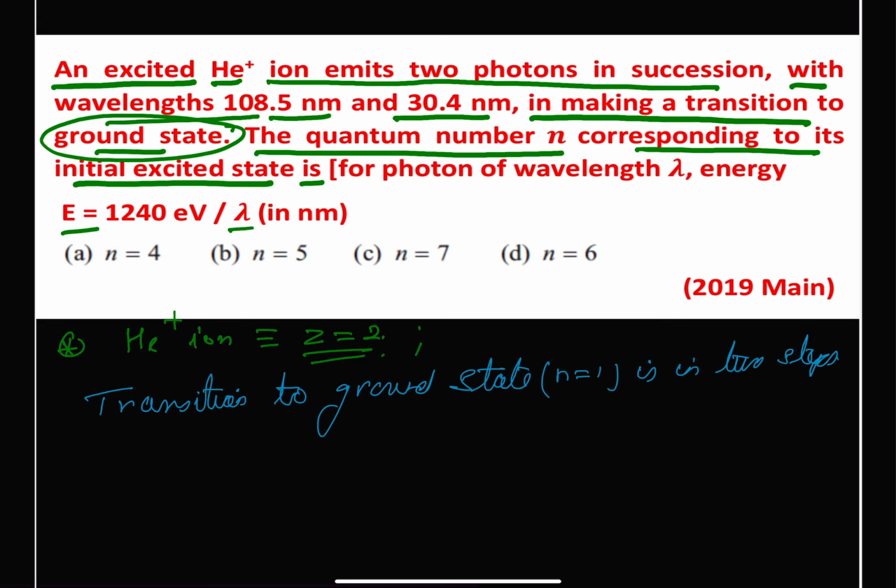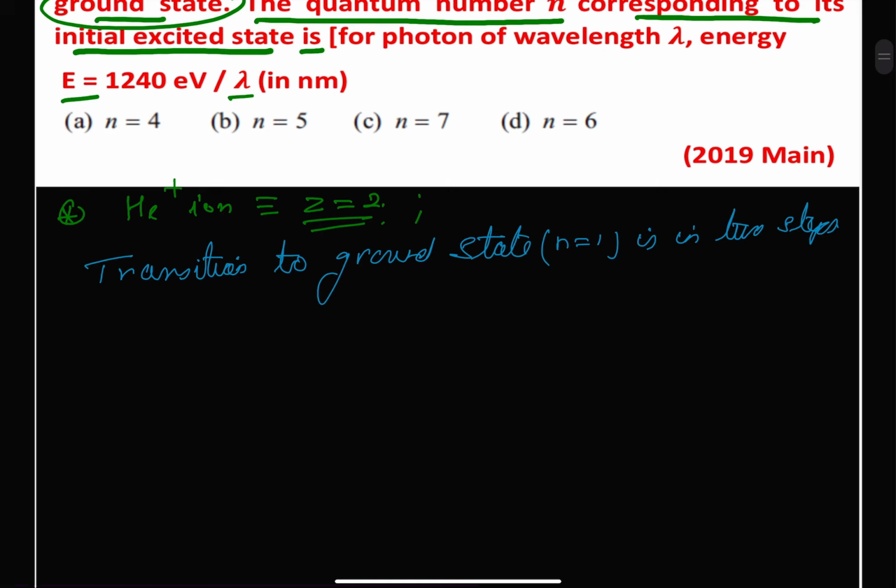And during these 2 steps we are having 2 wavelengths. Suppose first one is our lambda 1, which is 108.5 nanometer, and second is our lambda 2, which comes as 30.4 nanometer.